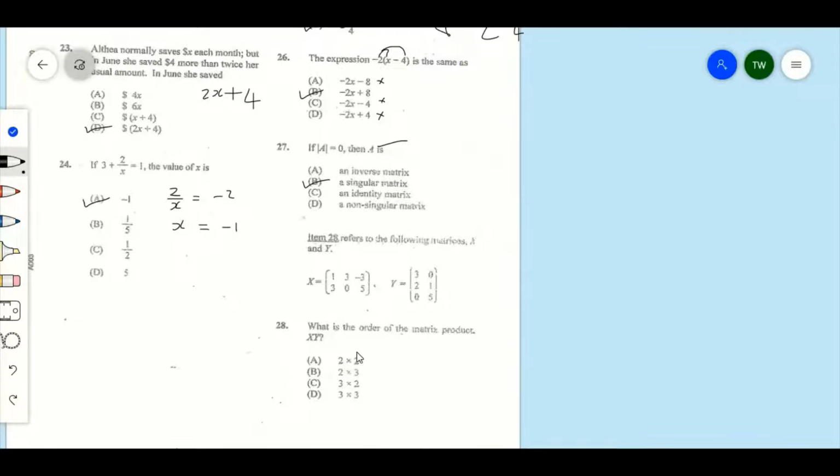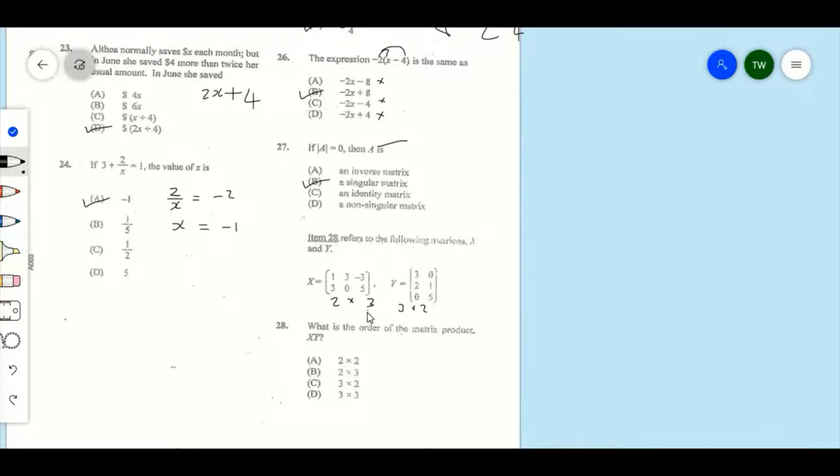What is the order? So here we know that matrix X is a 2 by 3 matrix, right? And Y here is a 3 by 2 matrix, right?